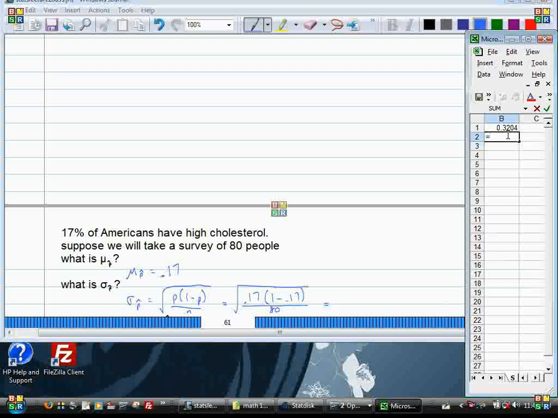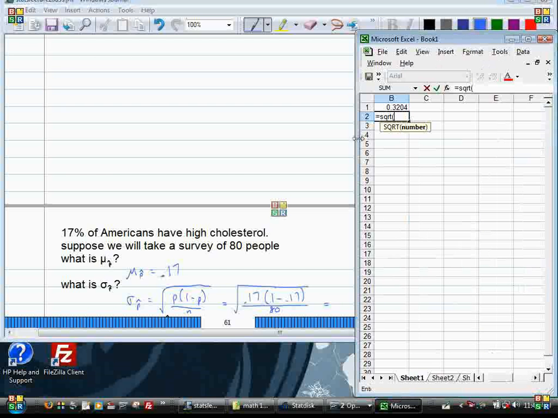You just use the spreadsheet itself. So how do you type this in? Well, you have to take the square root, so it's SQRT, parenthesis, 0.17 times 1 minus 0.17, close parenthesis, divided by 80.